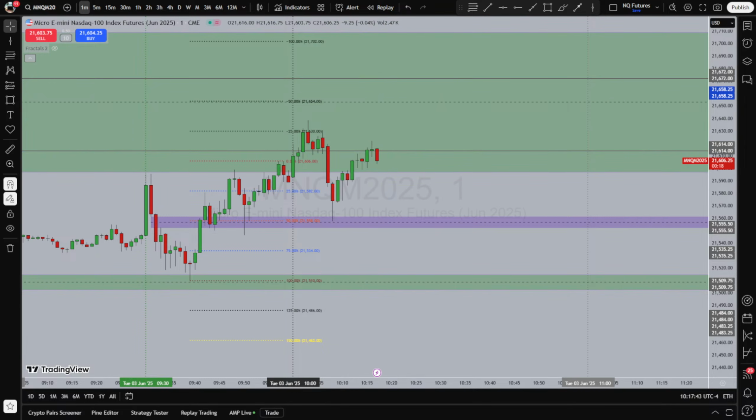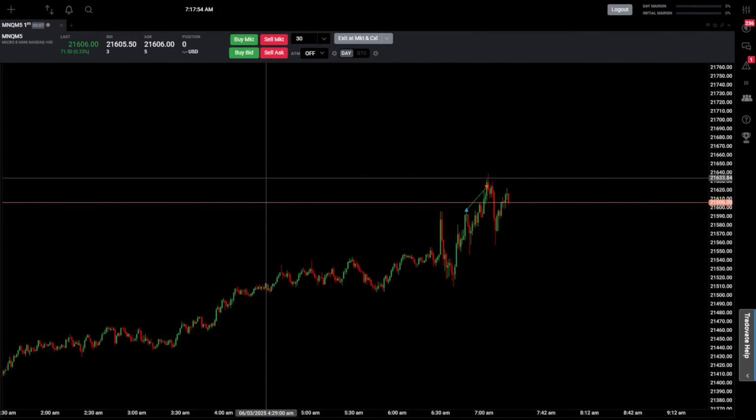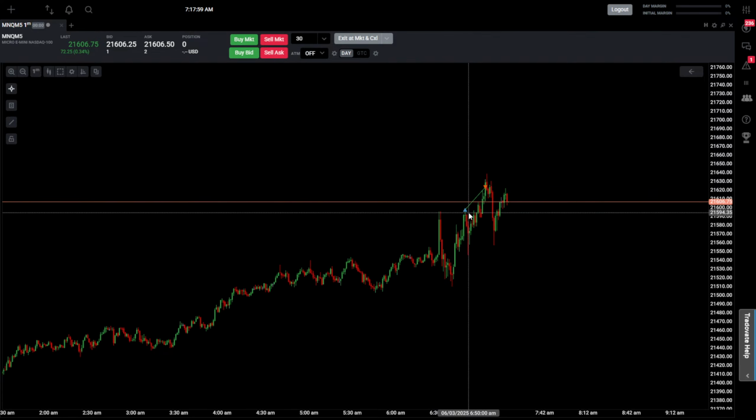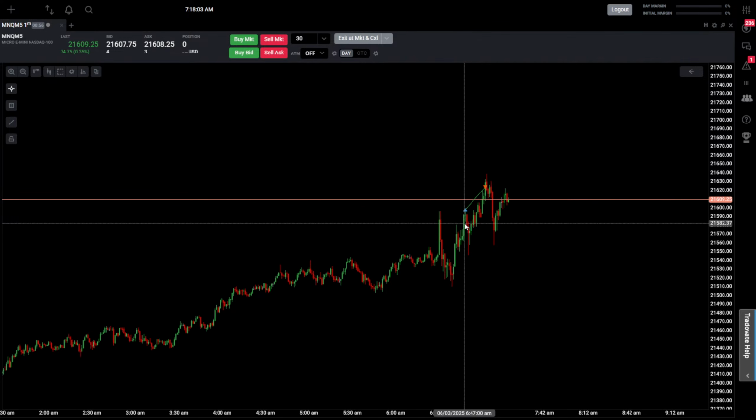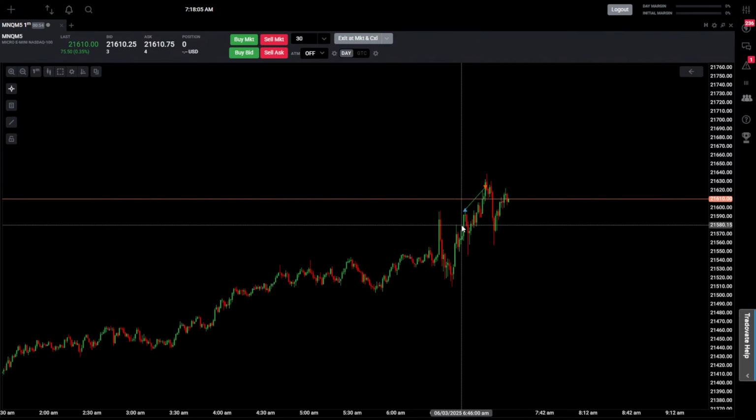On that trade of 8, I had a really bad entry, to be honest with you. It was not good. My entry was here. I was trying to get it here, but I wasn't paying attention in this fair value gap.